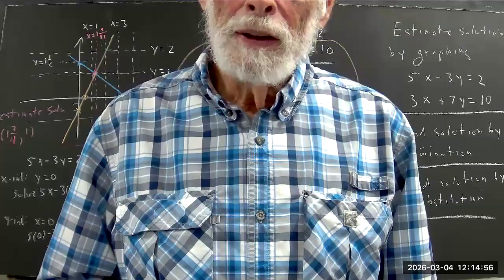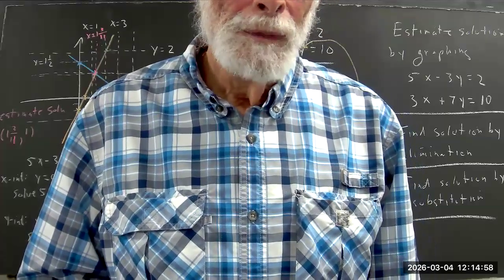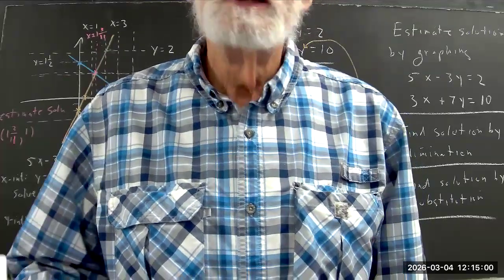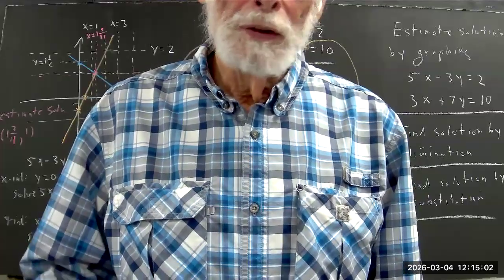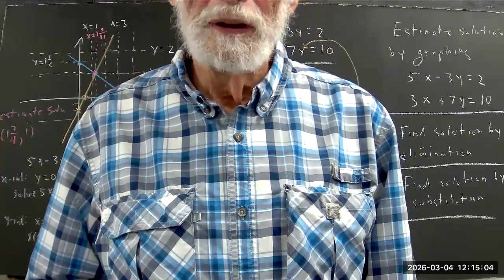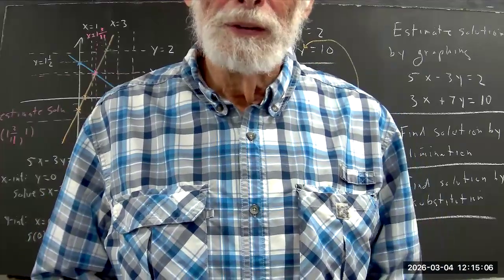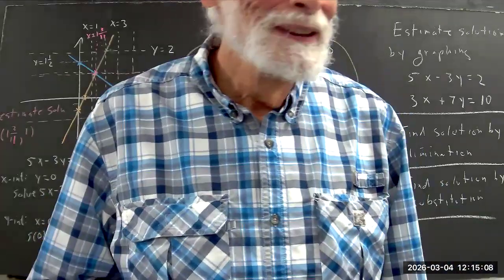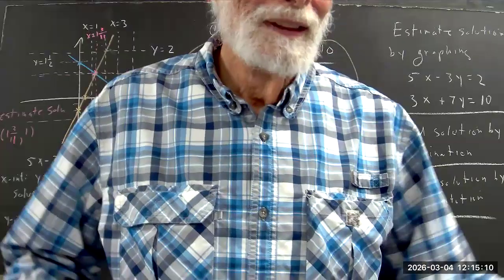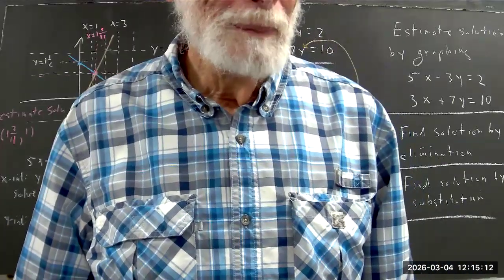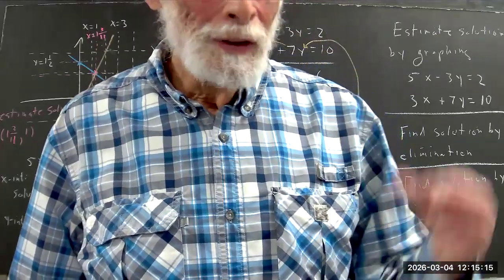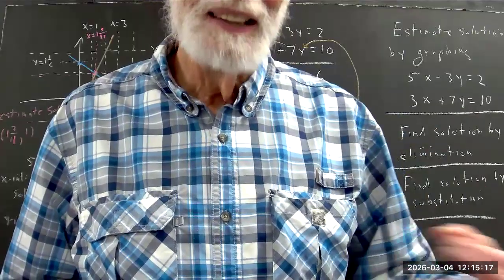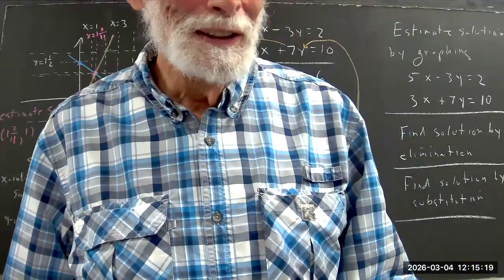I also don't guarantee that all the solutions are accurate. I've checked them pretty carefully. I think most of them are. If you get a solution you're pretty sure of and it doesn't agree, I'd appreciate it if you just email me and say, hey, that solution didn't match what I got. Did I do it right? Okay, that allows me to do two things. First of all, tell you, well, yeah, that was the right solution. You didn't do it right.